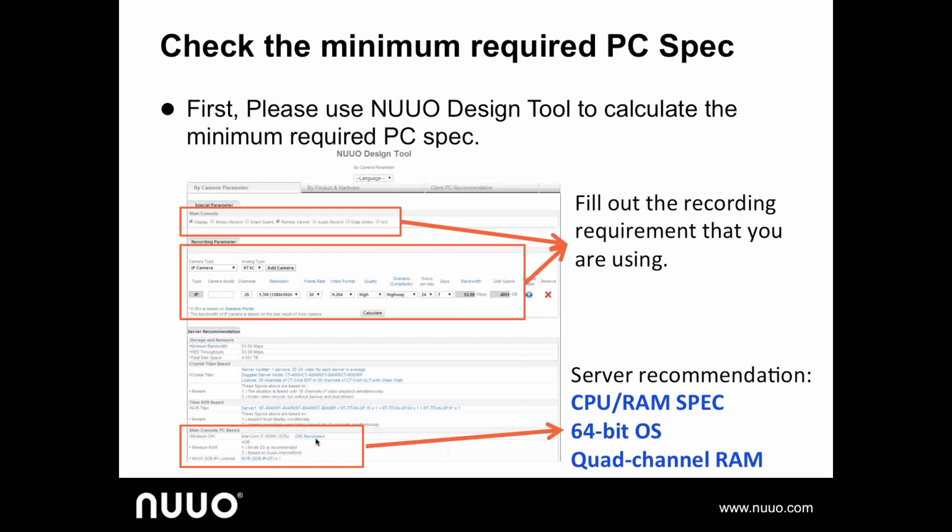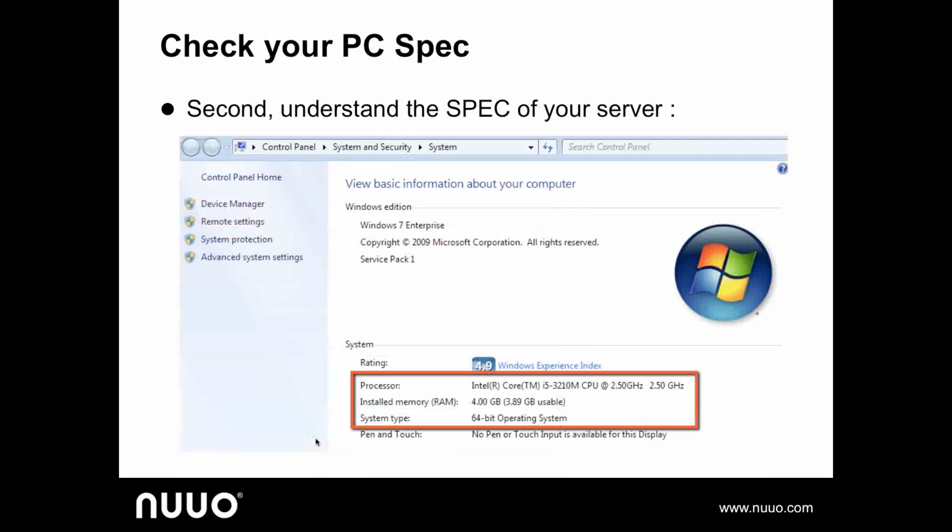Also he needs 4G RAM, a 64-bit OS is recommended, and we will also suggest the customer use quad channel RAM. That helps the customer check the minimum required PC specs for his recording requirements.